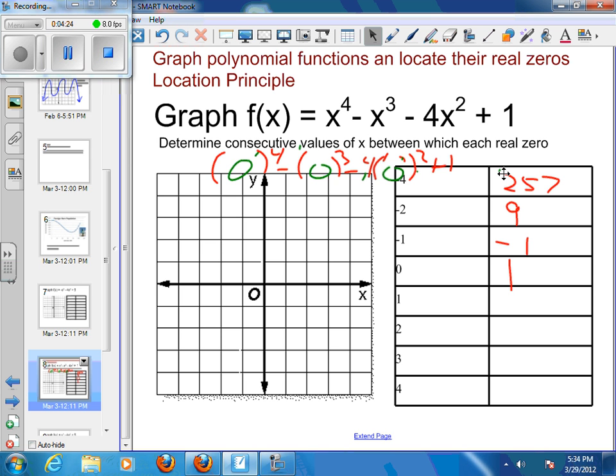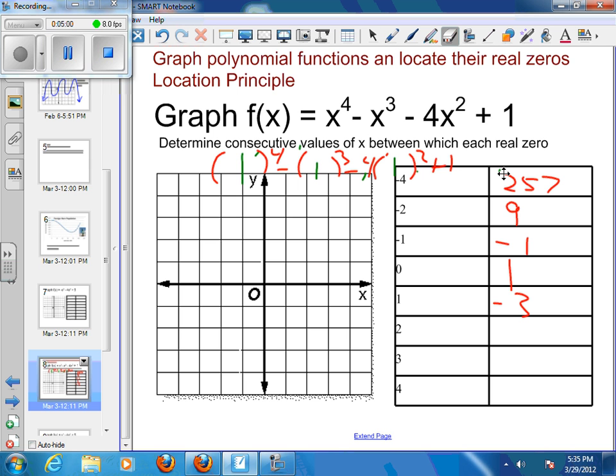So 1 to the 4th power minus 1 to the 3rd power minus 4 times 1 squared plus 1. Well, 1 to the 4th power is 1, minus 1 is gone, minus 4 at this point, so that should be a -3. Let me plug that in real quick. And yep, I do get a -3 there, making sure I didn't lose my negative along the way.